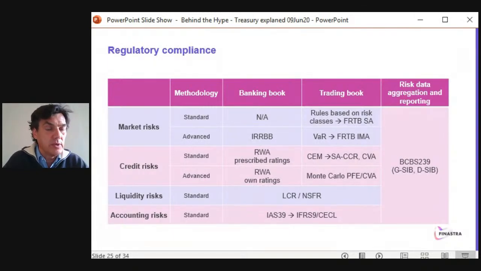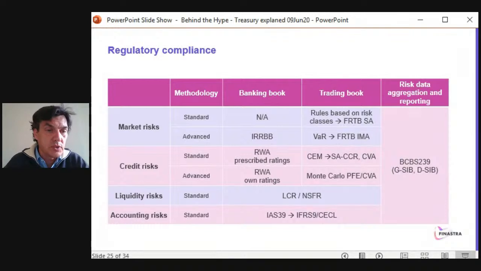But you have the market risk, so interest rate risk on the banking books, for example. It's an advanced measure that has been put in place in the last 10 years. You have your value at risk and FRTB, the fundamental review of the trading book, which will be live now in 2023. So it has been postponed by 1 year.